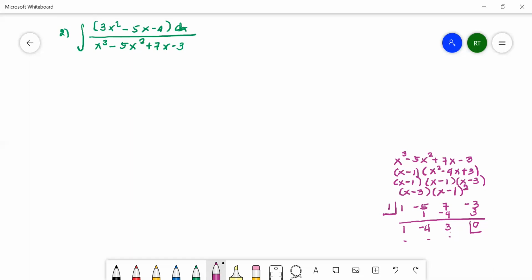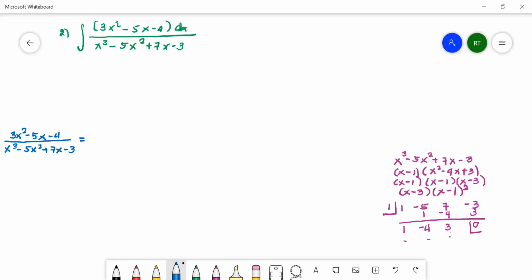Of course, before we evaluate the integral, we have to decompose the integrand into a sum of partial fractions since we have a rational integrand. Let us do it here. We have 3x squared minus 5x minus 4 over the denominator x cubed minus 5x squared plus 7x minus 3.